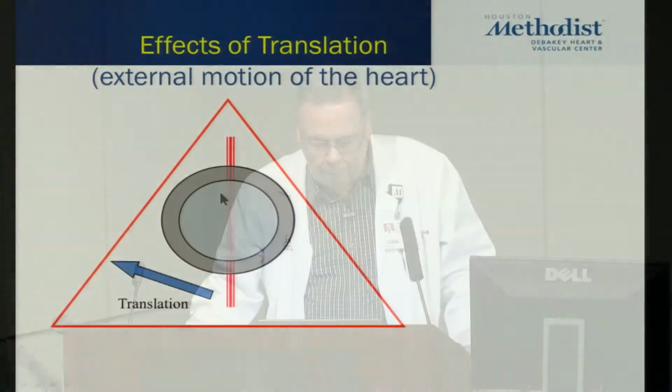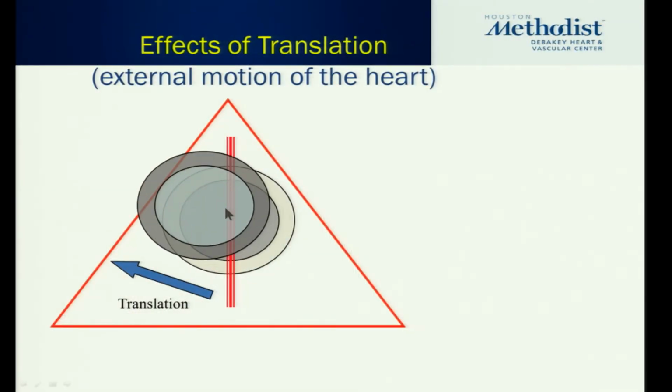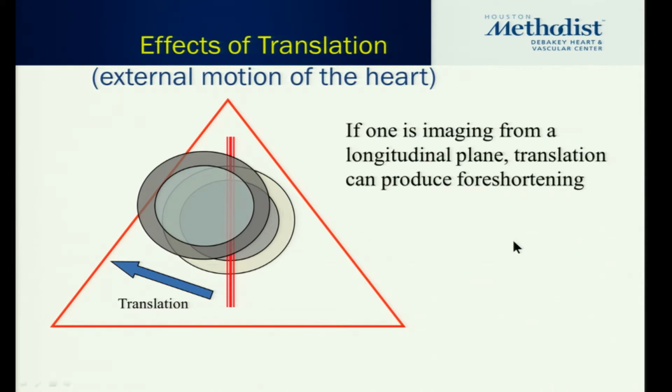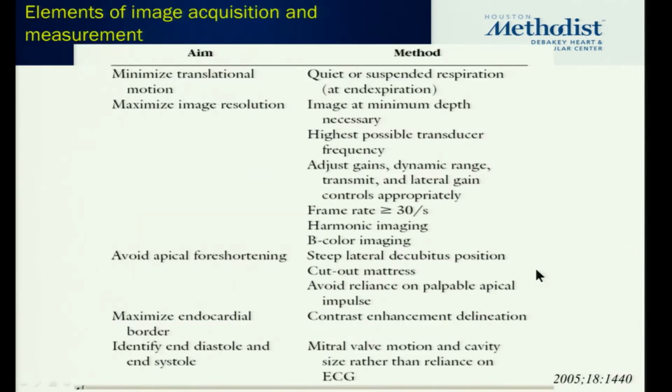If on top of that you have translation, which is very common in our post-op patients because the whole heart moves up with translation, then you may be perfect in diastole, but foreshortening systole. And we see a lot of that also. So those are issues that we have to learn to appreciate as a sonographer when you're doing the study, as a reader when we are interpreting the study.